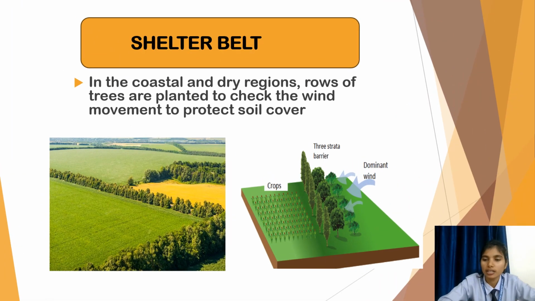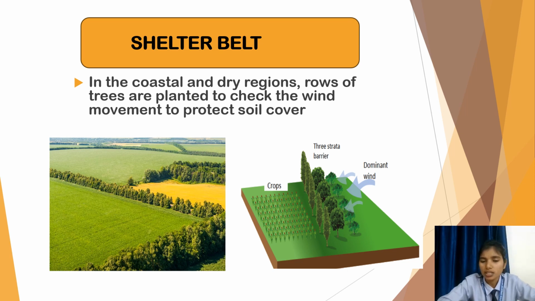Next is shelter belt. Basically, shelter belt is required to slow down the speed of wind that is coming from one side that may affect the crop. So, in the coastal and dry regions, rows of trees are planted to check the wind movement to protect soil cover.